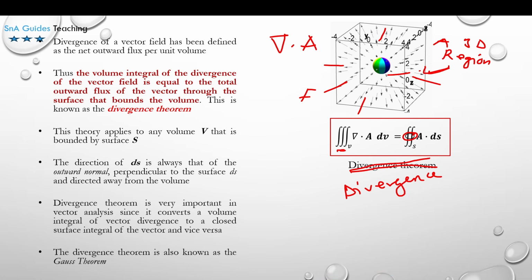This theorem applies to any volume that is bounded by a surface S. The divergence theorem is not limited to spheres or cubes or any special shape. It works for any volume. And also, the direction of dS is always that of the outward normal, perpendicular to the surface dS and directed away from the volume.